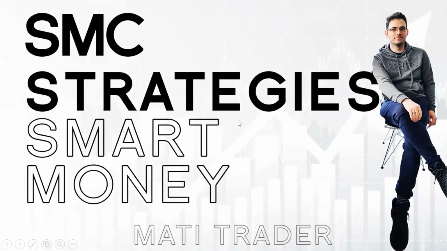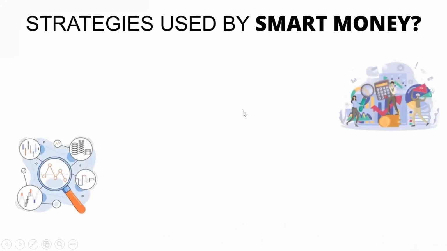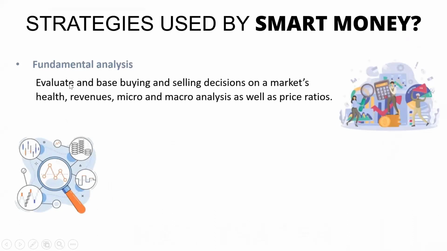Strategies from smart money and what they use. So what strategies does smart money use in order to allocate where to buy and where to sell? The first one is fundamental analysis. They evaluate and base buying and selling decisions on a market's health, revenues, micro and macro analysis, as well as the price ratios.